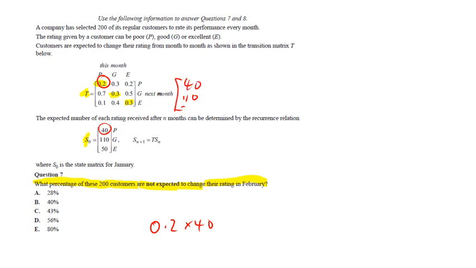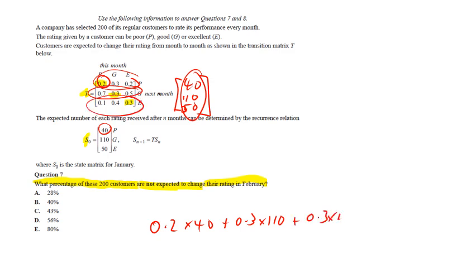41, 10, 50, like so. We're doing this row by this column, but we're just worrying about the not changes. That's 0.2 times the 40, and then when we do the second one, it's going to be plus 0.3 times the middle number, which is 110, and then the last one is plus 0.3 times 50.